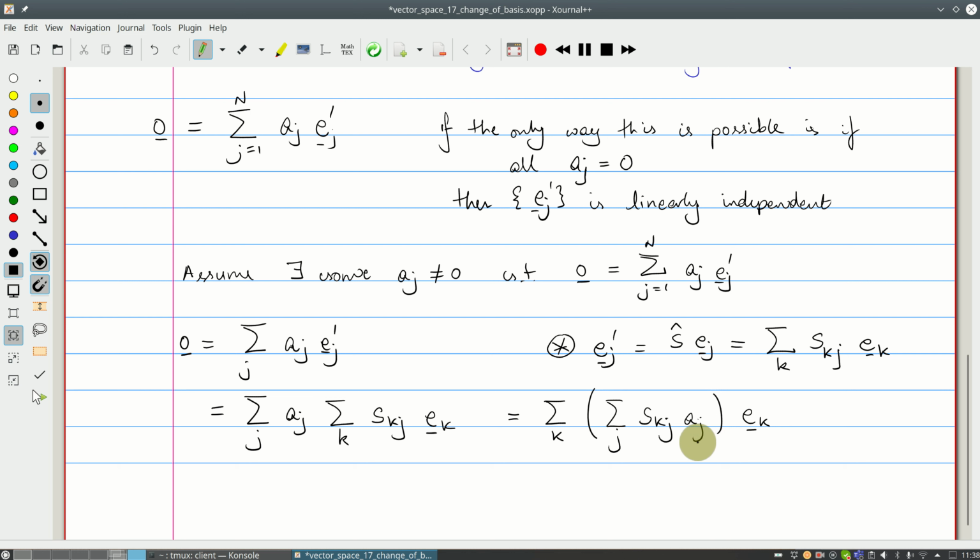Okay, now what we've got here, this thing in the sum here, is a scalar, and what we now have is a linear combination of these e_k vectors, and we've said that that's equal to the 0 vector. I need a few other pages here, so let's put them in there.